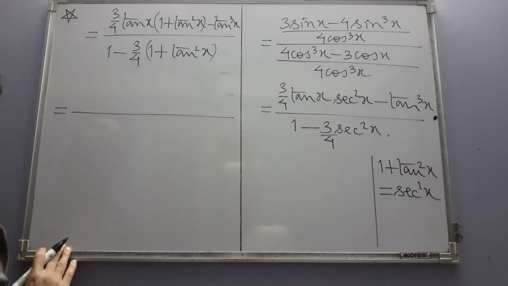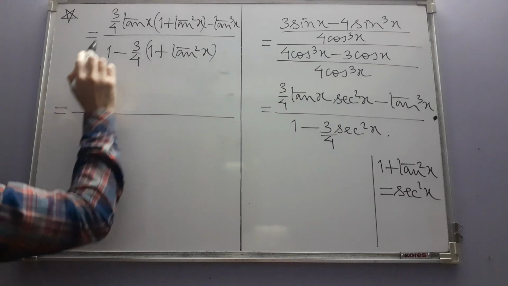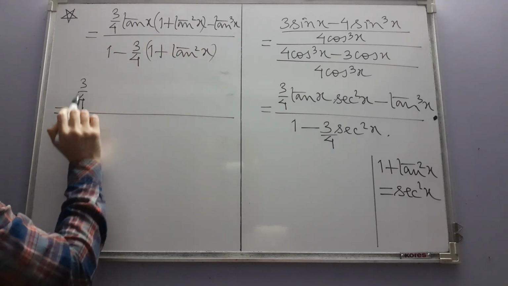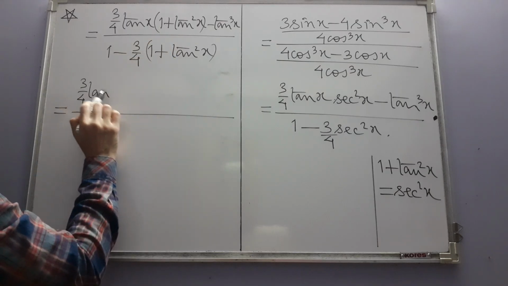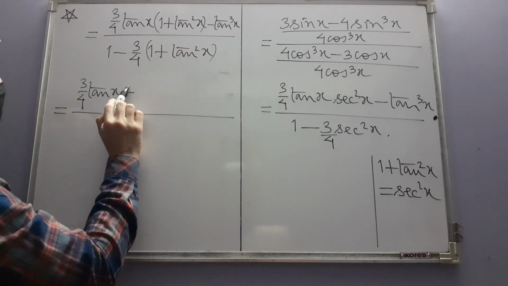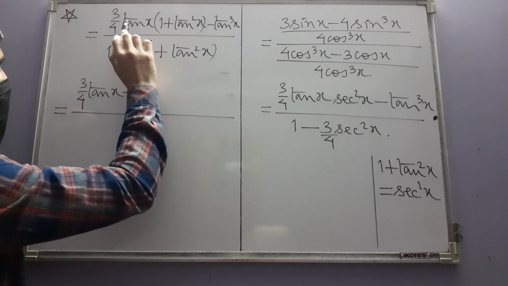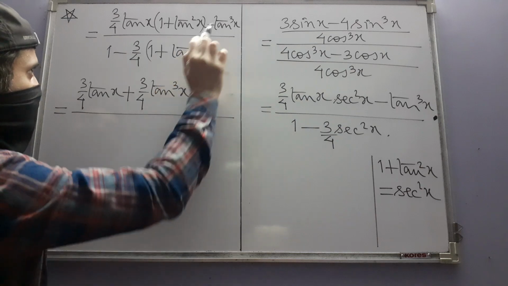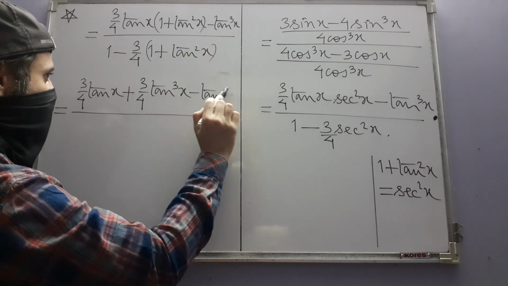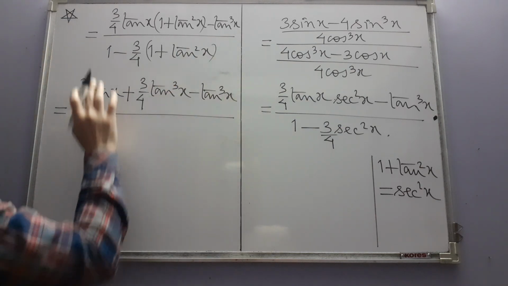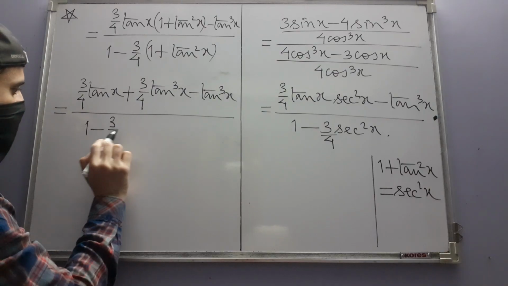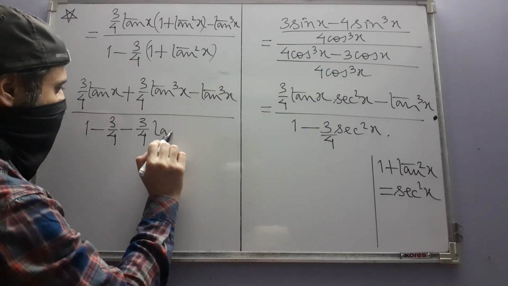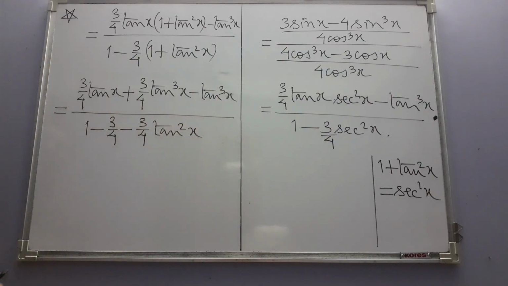Now let's simplify it. So if we just simply do the multiplication, we get 3 over 4 tan x times 1 means this, plus 3 over 4 tan x times tan square x is tan cube x, minus tan cube x. And what do we have here? 1 minus 3 over 4 minus 3 over 4 tan square x.